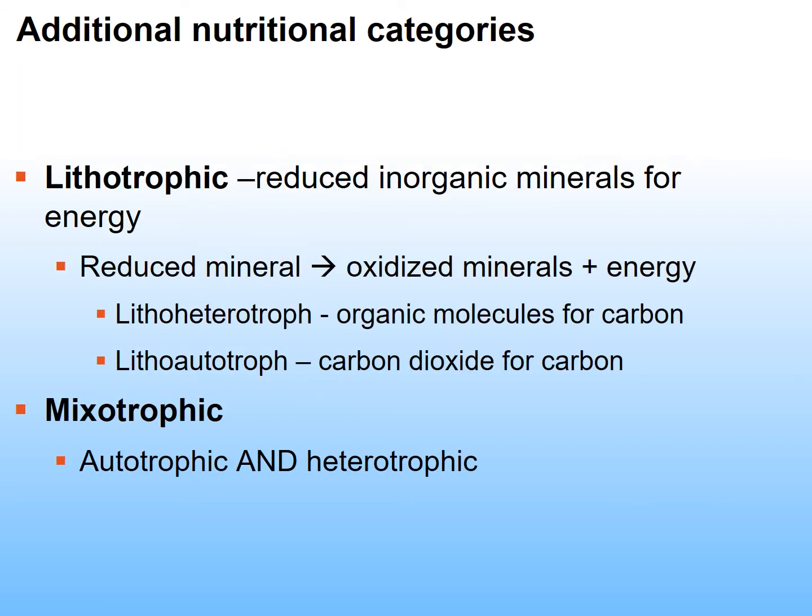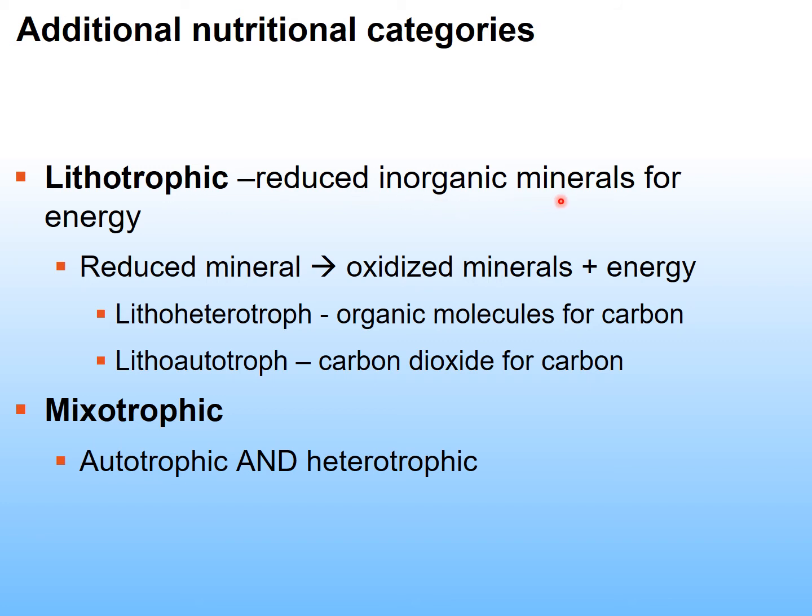Also worth it to mention a couple additional nutritional categories. Now, the first one applies to bacteria and archaea. The second one may apply more to organisms that we're going to discuss later, actually in the next chapter. But let's just kind of mention it now anyway. So there's those that are lithotrophic.